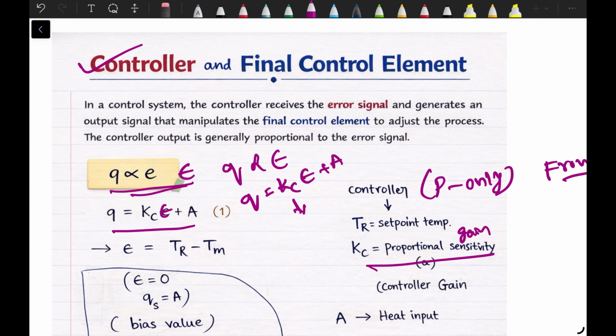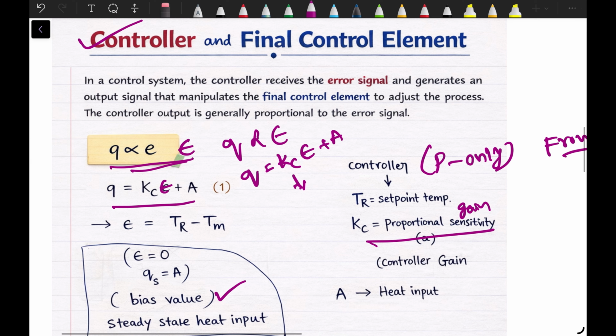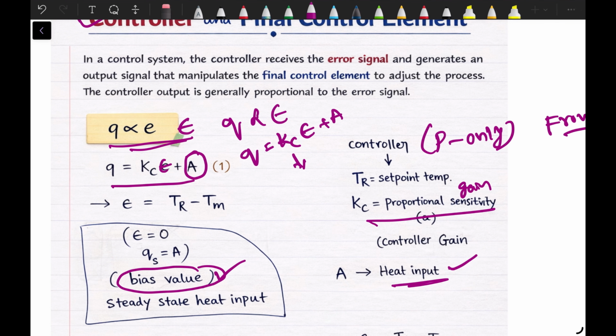Here A is the bias value or steady state heat input. What exactly is the physical meaning of the bias value? When the system reaches steady state, the error becomes 0.